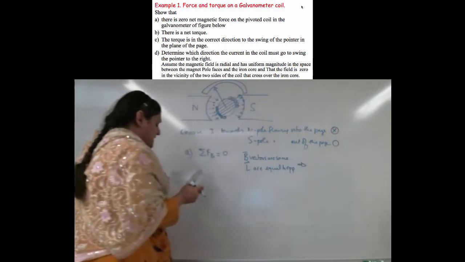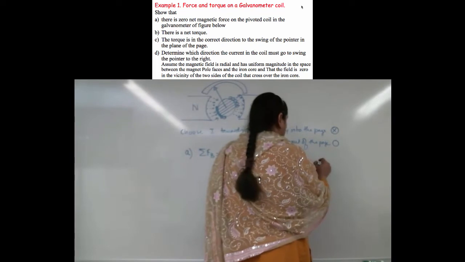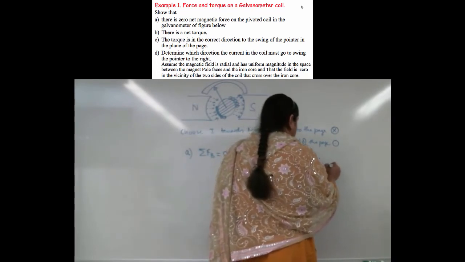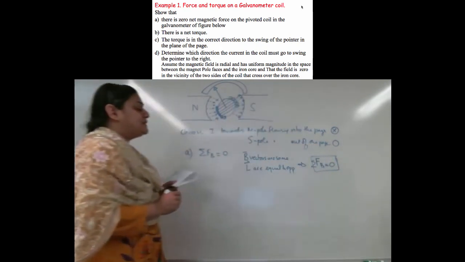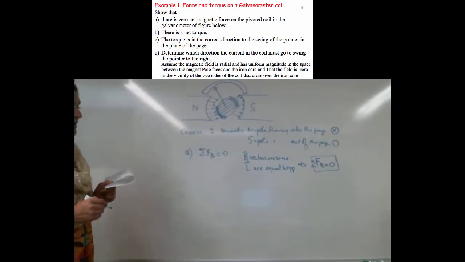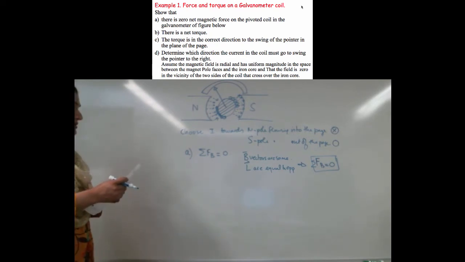This implies, if I use F = I L × B, because my field vectors are equal and opposite, that my net force should absolutely be equal to 0.